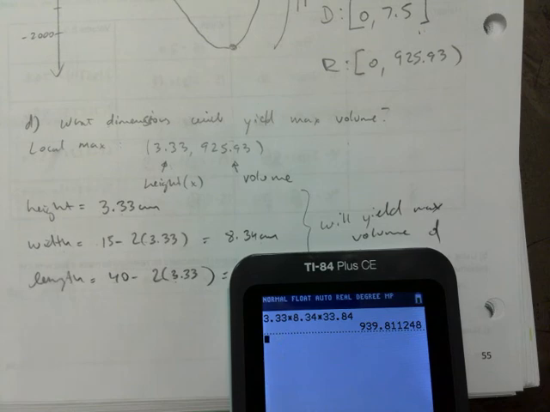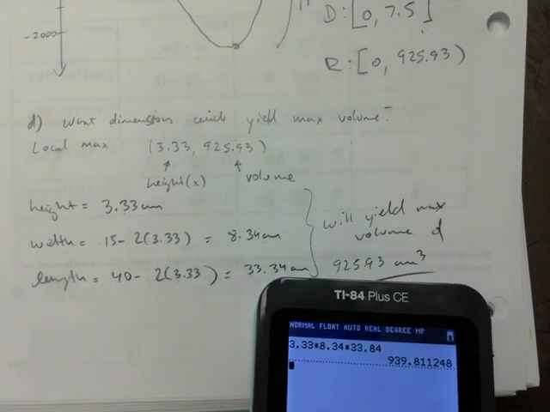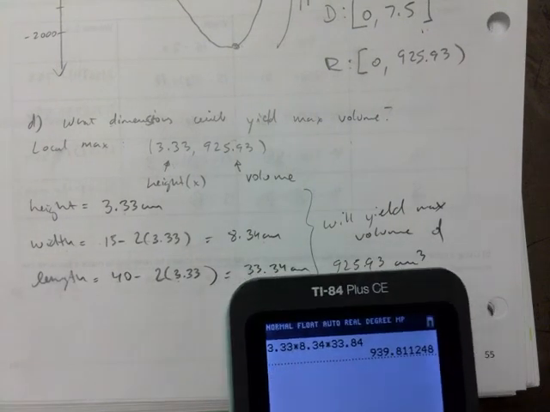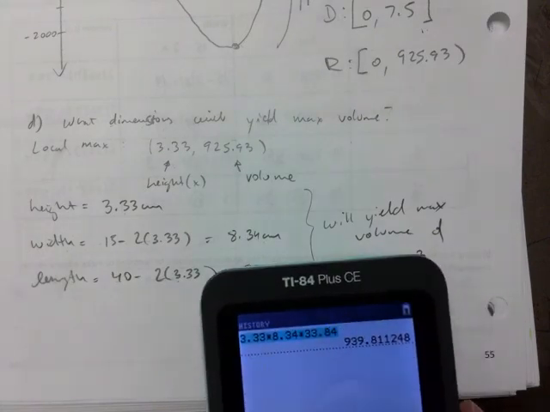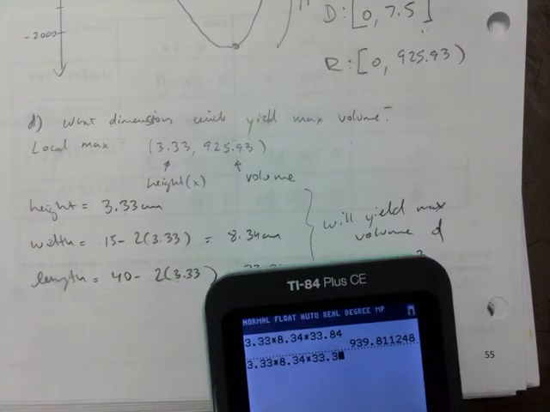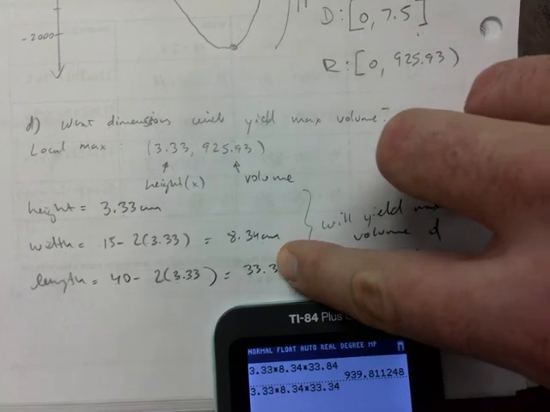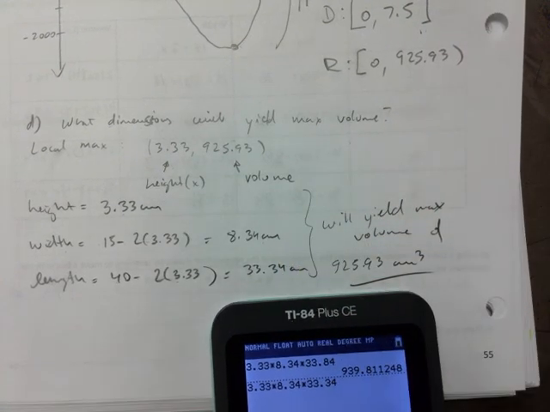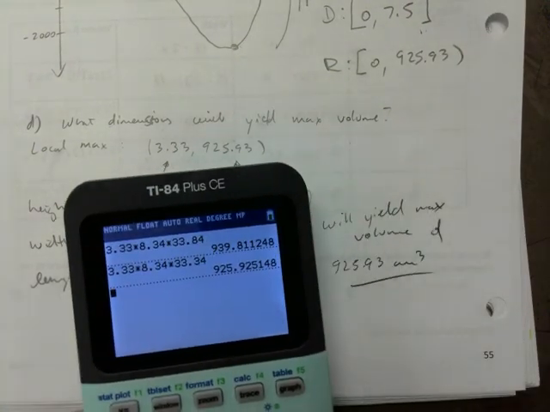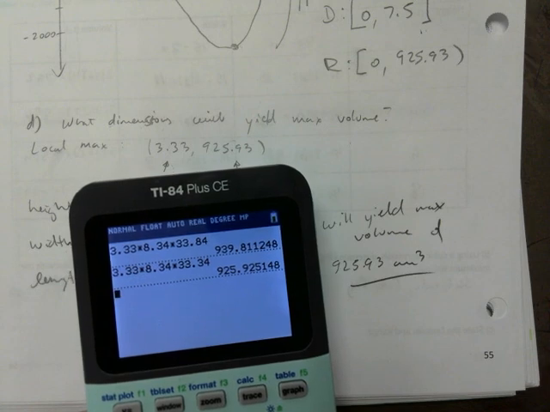I put 84 there, hold on. It's supposed to be 34, not 84. And then we're closer, 925.93, there you go.